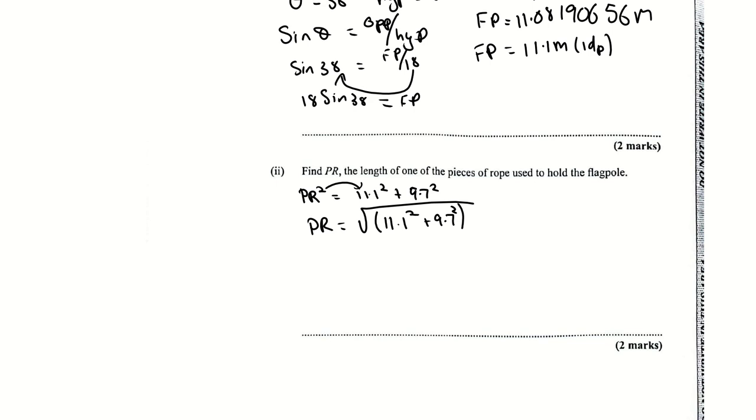The square root of open bracket 11.1 squared plus 9.7 squared, close bracket, and you're going to get 14.7. So PR is 14.74109901, which is 14.7 meters to 1 decimal place, and that is your answer. And this is an easy 2 marks.